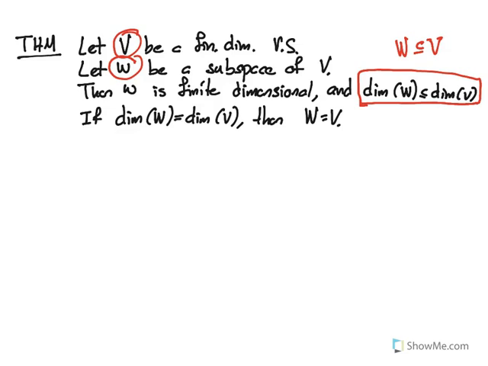And it is because there is a connection between these concepts. They're different, but if one vector space is a subset of another, then the dimension of the subset is bounded by the dimension of the larger space.